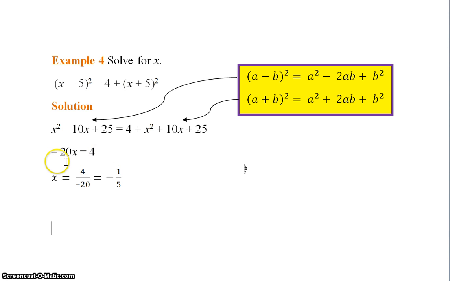So we get the equation negative 20x equals 4. To find the unknown factor x, we divide the product, which is 4, by the known factor, which is negative 20. We reduce the fraction 4 over 20 by 4. The answer is negative 1/5.